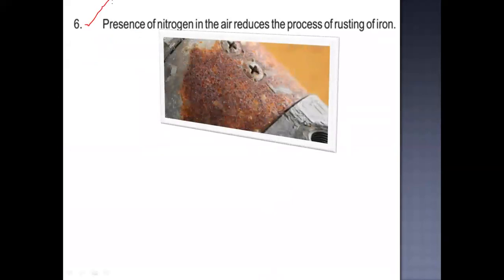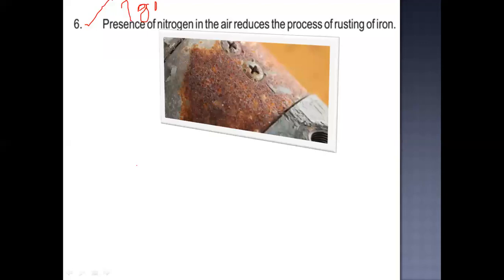Number six, the presence of nitrogen in the air reduces the process of rusting of iron. If you see, it is 78% of the air, but first of all, understand that rusting of iron is done by oxygen gas, which is 21% in the atmosphere.